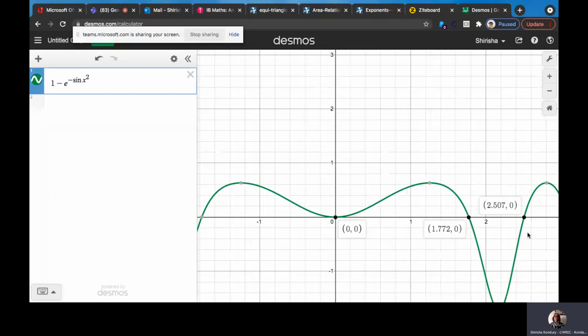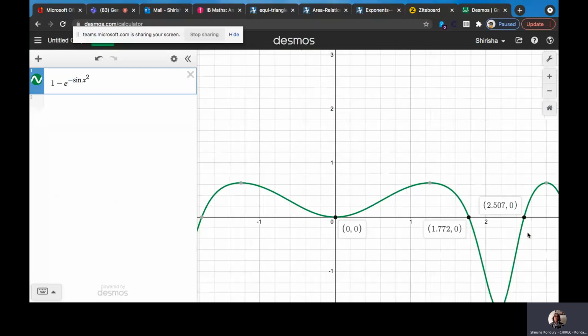Without the calculator, will we be able to do that? Look at 1 minus e raised to minus sine of t squared. When does it change sign? Without the calculator it seems difficult, but if sine was pi, sine pi is 0 and e raised to 0 is 1.